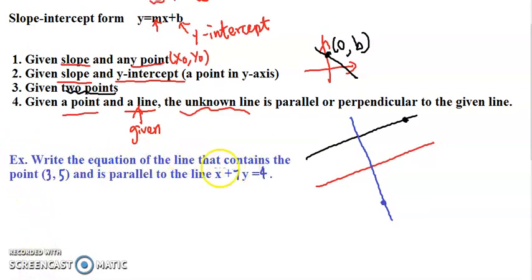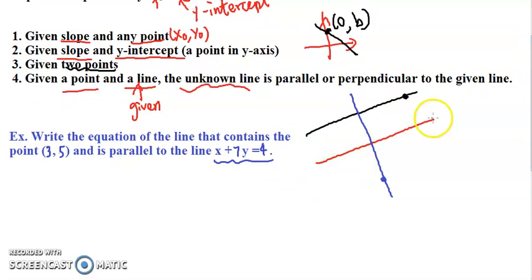Write the equation of the line that contains the point (3, 5). So (3, 5) is sort of like the location of the school, and the line is parallel to the line x plus 7y equals 4. So this line equation models the road we already have, the old road, and then we want to construct a new road, which is represented by the equation of the line.